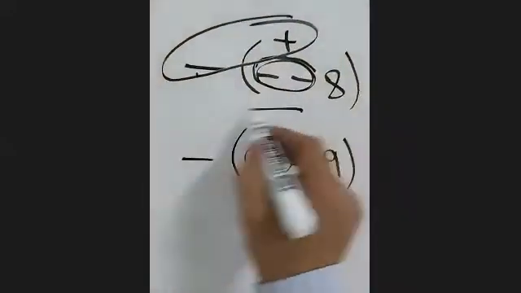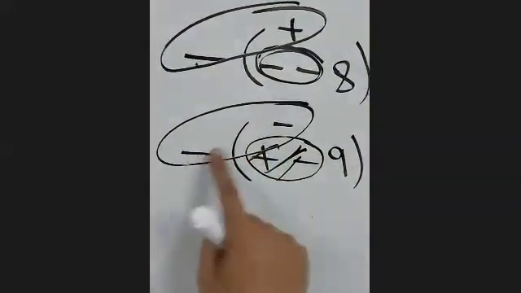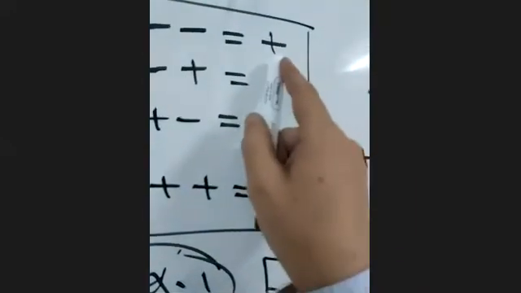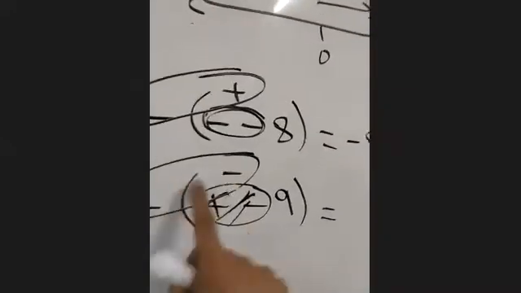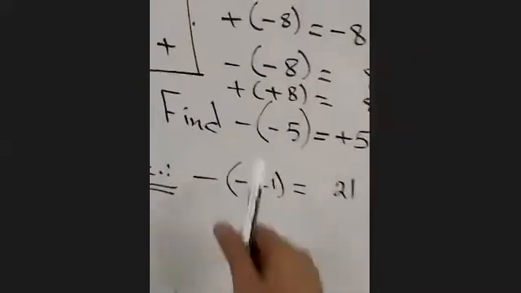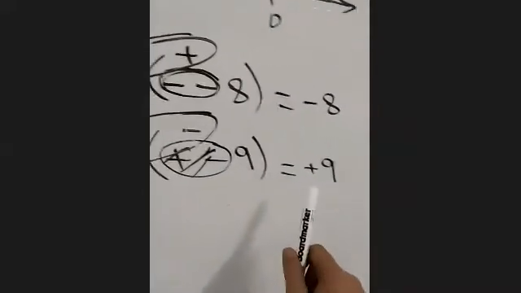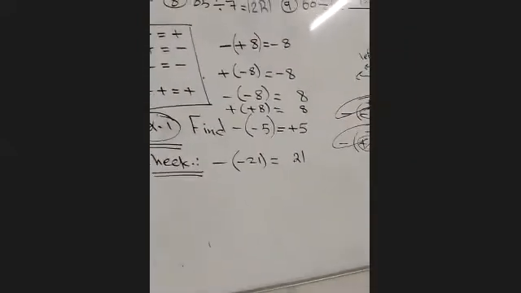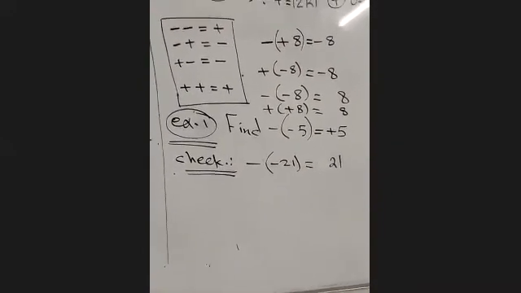Now with the outside sign, I have minus with minus, negative, negative, right? From the table, negative, negative is what? Positive. So minus plus minus 9 is plus 9. So sometimes we have two signs, we need to make them one sign. Sometimes we have three signs, we need to make them one sign. Using the table, we can do what we want. This is example 1. Let's go to example 2, guys.